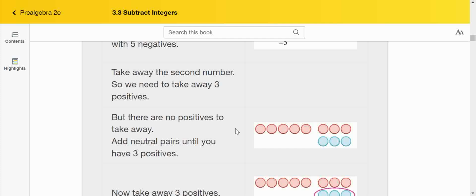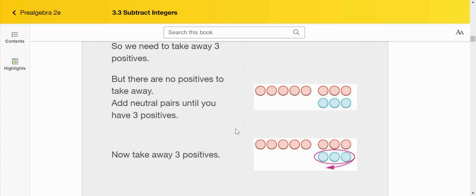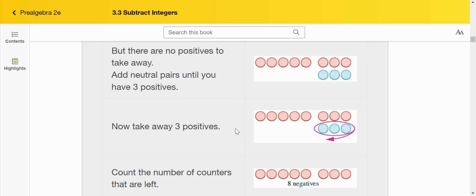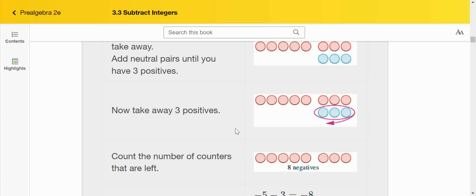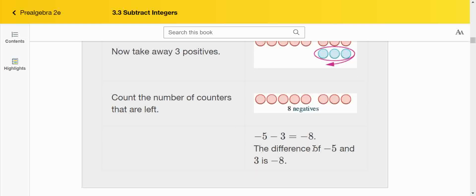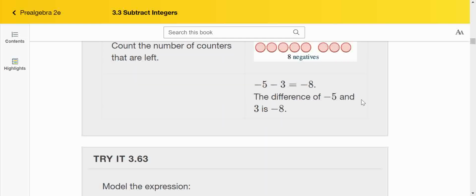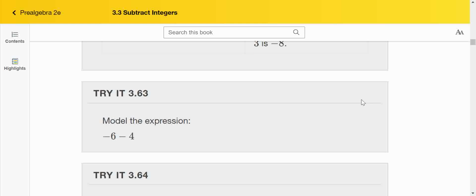Add neutral pairs until you have 3 positives. Now take away 3 positives. Count the number of counters that are left. And so the difference of negative 5 and 3 is negative 8. You can count 8 negative counters.